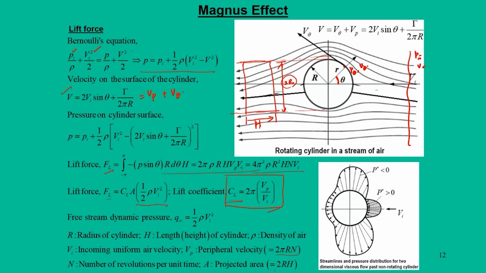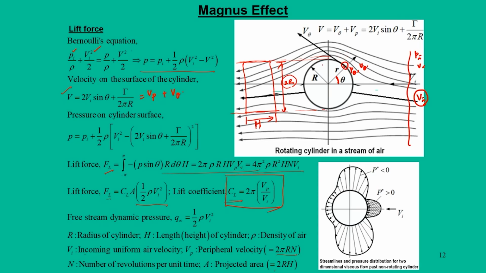An important point to note here: we have the Vi velocity in the free stream, but when it approaches the cylinder, we have a Vp velocity on the surface. So it is Vp at this point. That is the circumferential velocity, sorry.